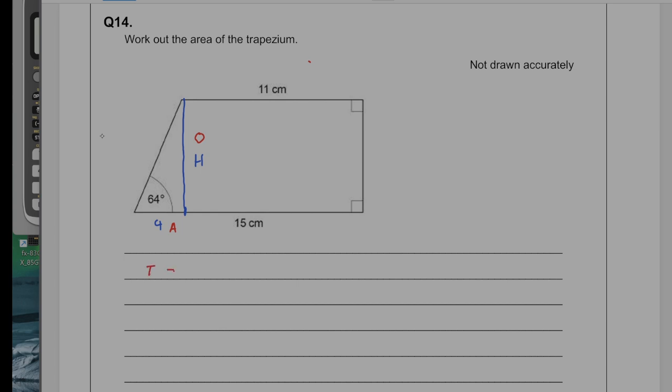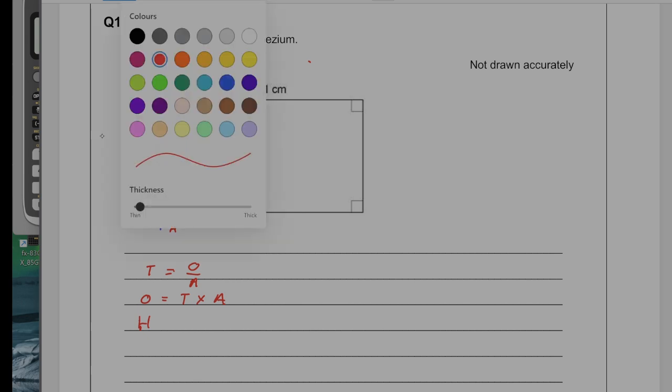If tan is equal to opposite over adjacent, then if I rearrange it to find the opposite, it is equal to tan of the angle times the adjacent side. So the height of the trapezium, I'm not really happy with my notation there. Let's put it as a lowercase h.